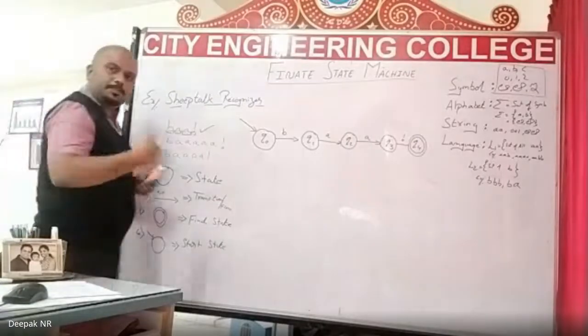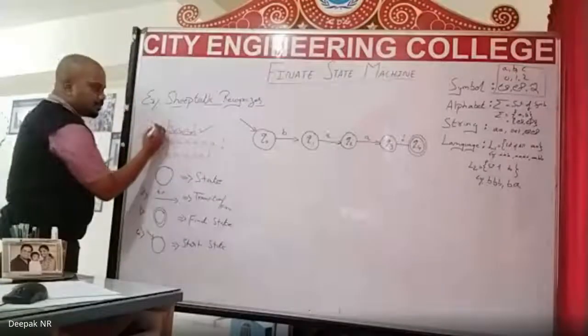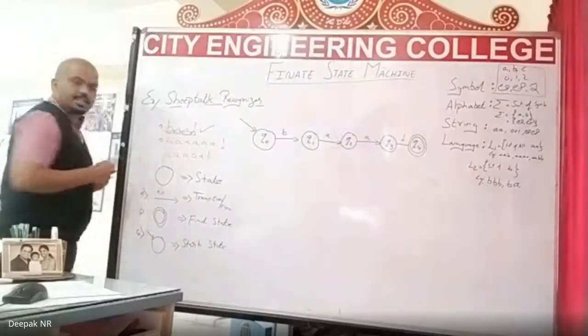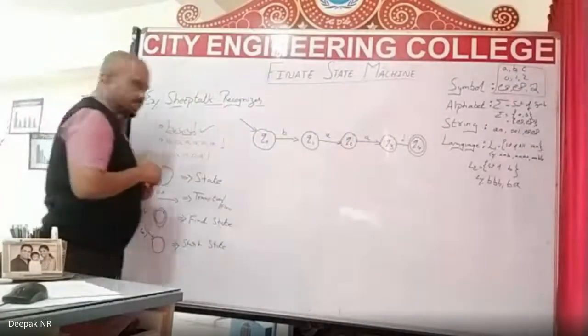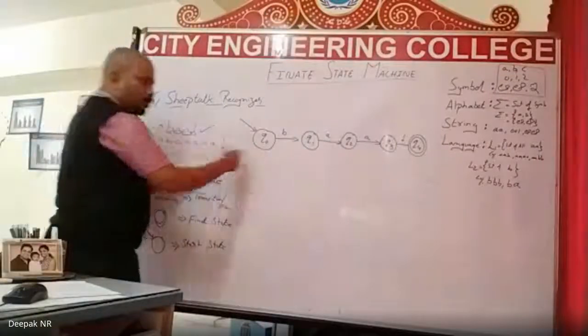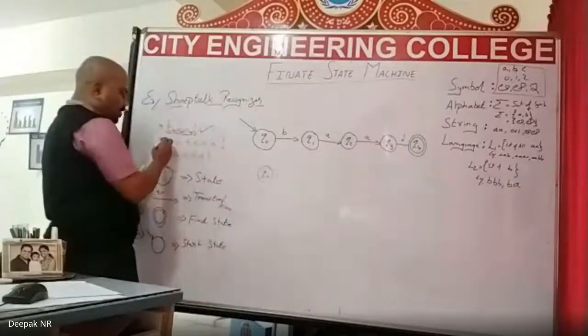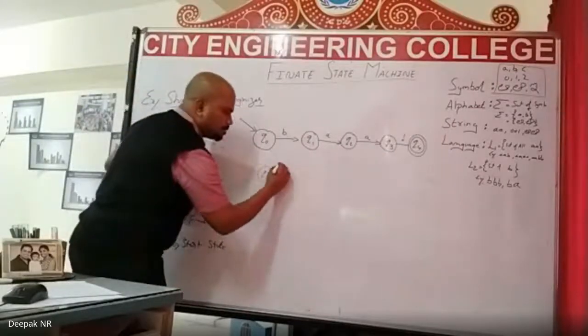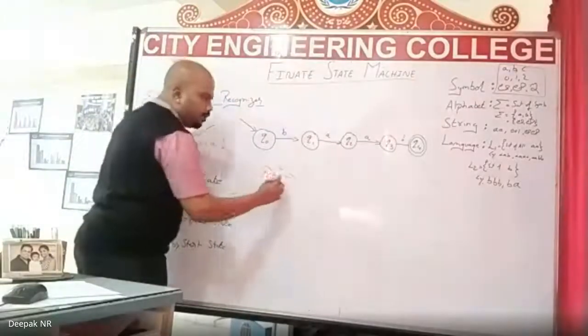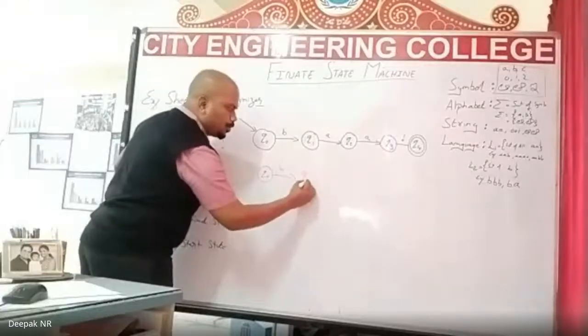Now let me trace the second string. I'm in a state called Q0. Now the first bit B comes. I'm going to Q1.